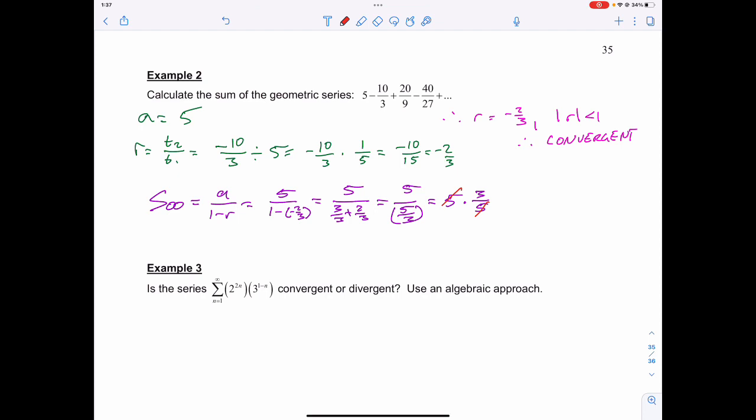And we can cancel out the times 5 and divide by 5. And the sum is just going to be equal to 3.